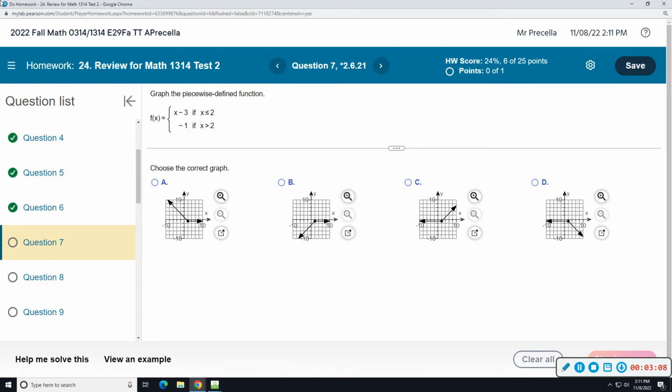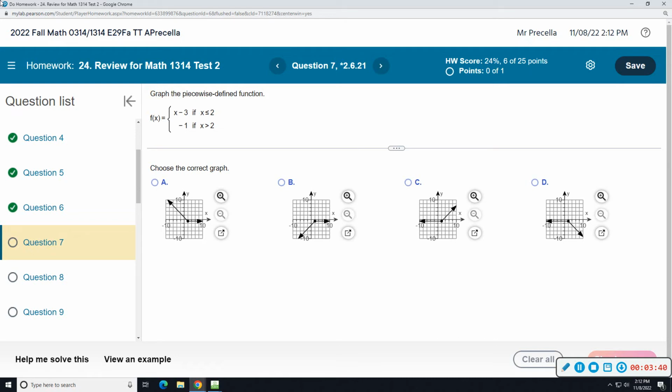This is number 7 here. F of x equals x minus 3 if x is less than or equal to 2, and we'll have the blue piece of negative 1 if x is greater than 2.